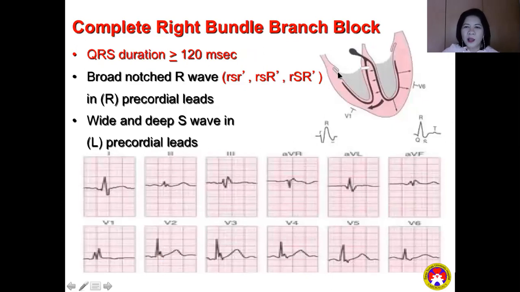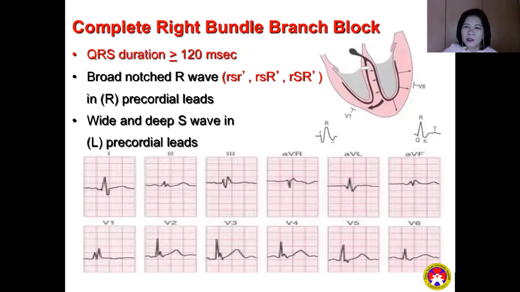Let's go to bundle branch block. We have learned that the bundles, the left and the right bundle, will facilitate transmission to both ventricles, so that the normal QRS complex should only be narrow. It should not be more than 2.5 small squares.